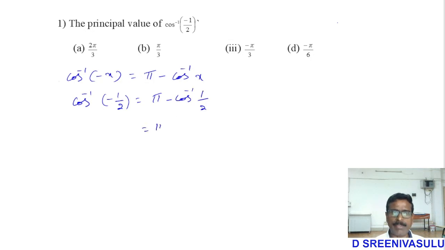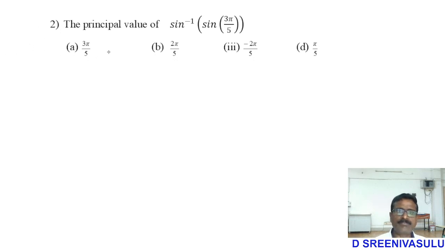In the cos table, cos 30 is equal to root 3 by 2, cos 45 is equal to 1 by root 2, cos 60 is equal to 1 by 2, that is pi by 3. This is equal to pi minus pi by 3, which is 2 pi by 3. This is the answer. The correct option is A.